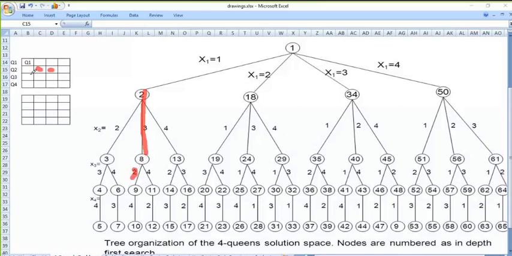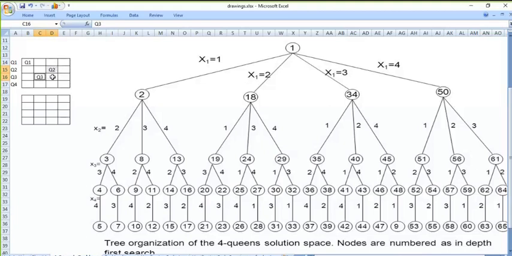If I keep Q3 over here and Q2 over here, then again Q2 and Q3 will be in the attacking position. Then I cannot keep both of these queens like this.